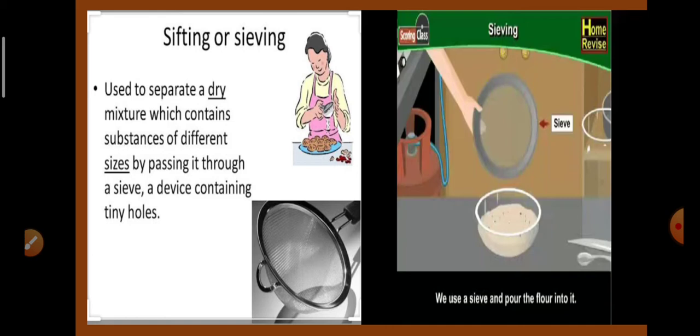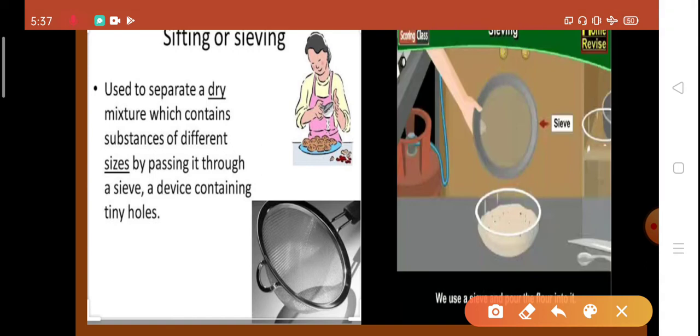Next method is sieving. It is also known as sifting. This method is used to separate a dry mixture which contains substances of different sizes by passing it through a sieve, a device containing tiny holes.